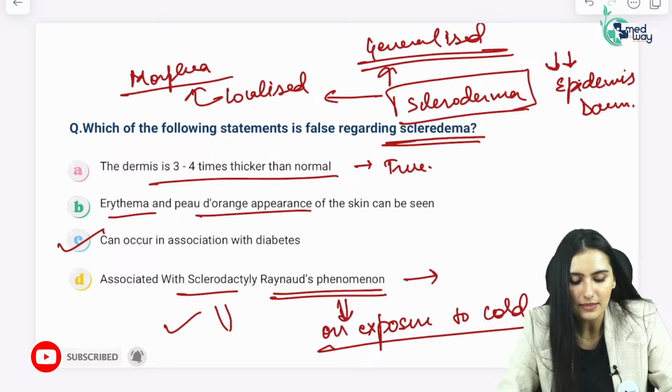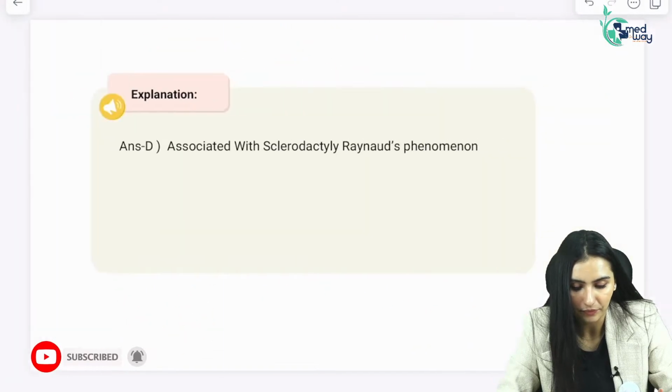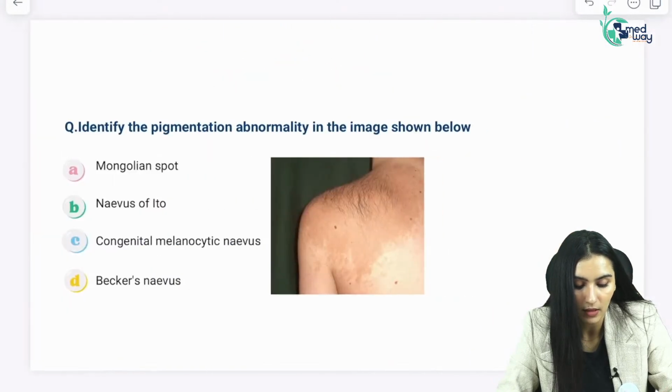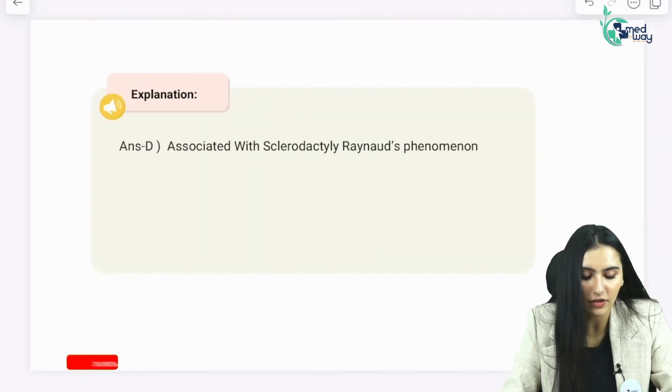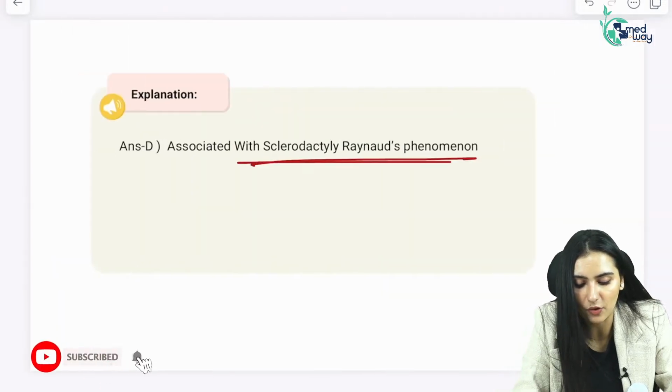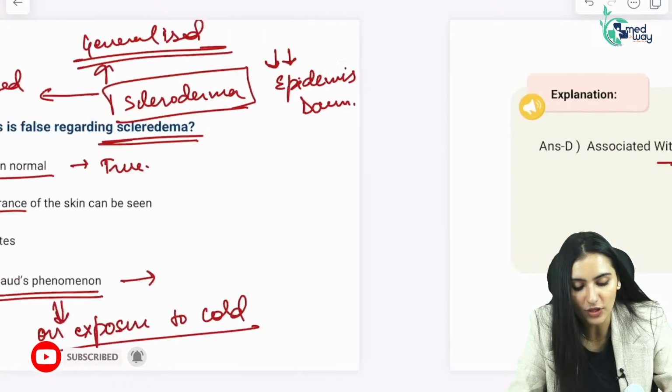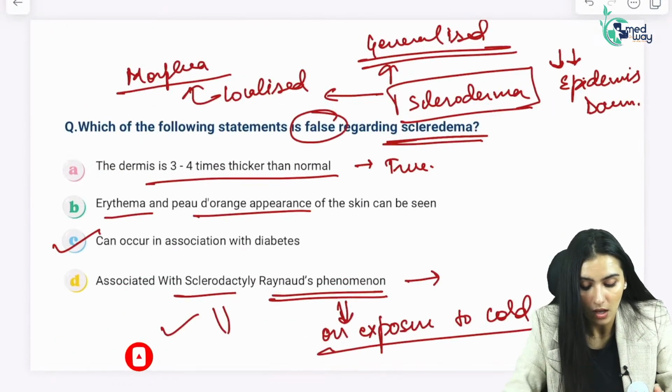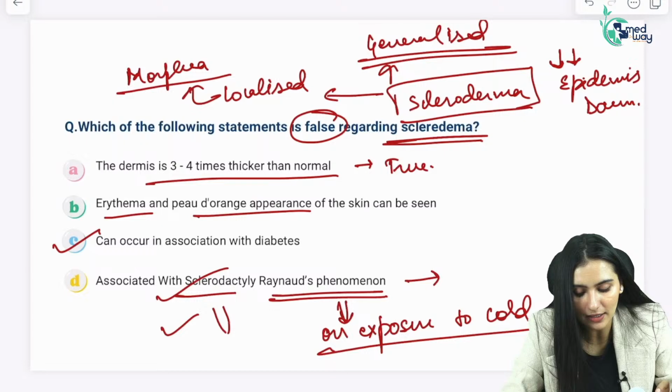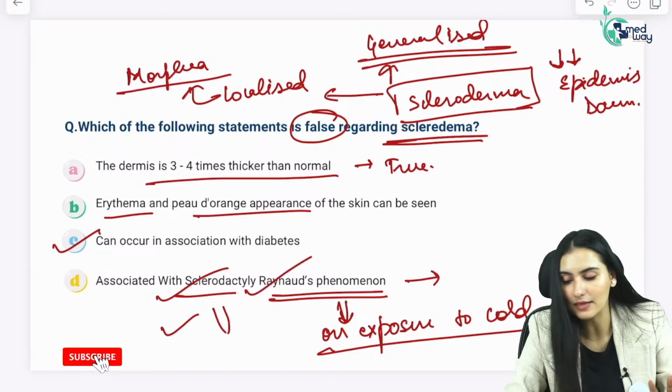So for now, we can take the answer as association with diabetes. See, over here the answer they have given is sclerodactyly and Raynaud's phenomena. I think what the question wanted to ask was maybe true, because there is going to be sclerodactyly and Raynaud's phenomena. So the answer is given wrong.